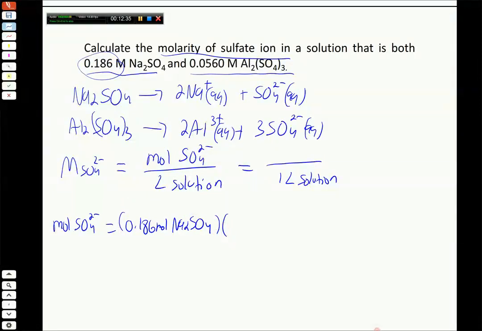And then from this chemical formula and from the dissociation, we see that there's 1 mole of sulfate for every 1 mole of sodium sulfate. And then we also have sulfate that comes from aluminum sulfate. So in that 1 liter of solution, we have 0.056 molar aluminum sulfate.